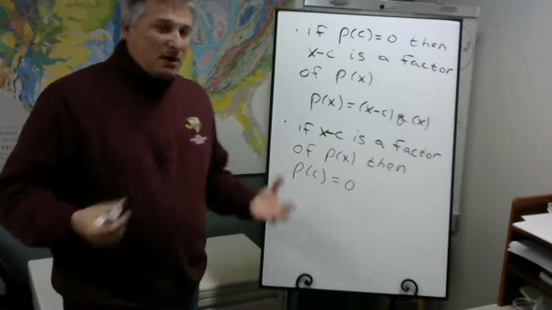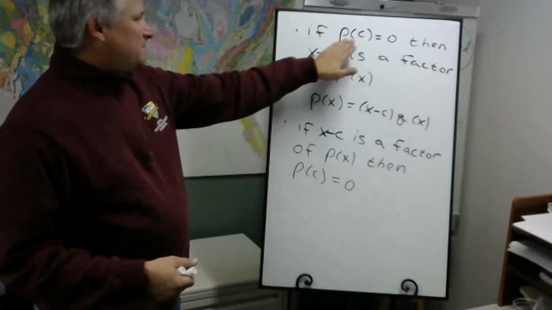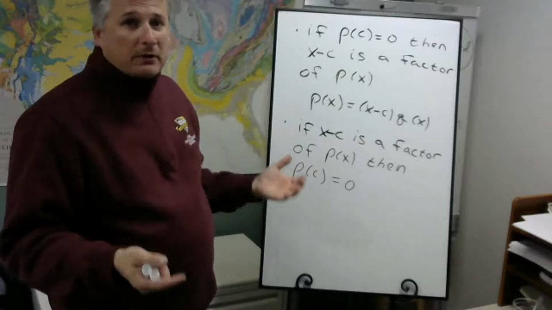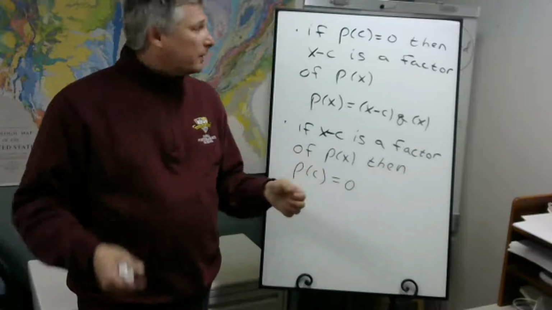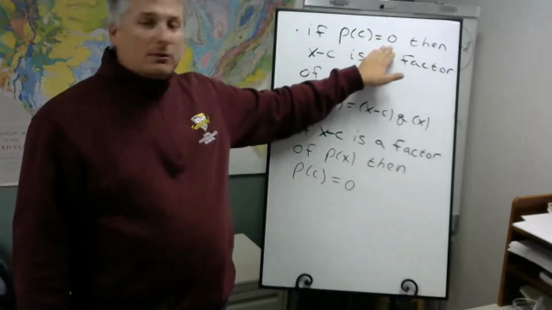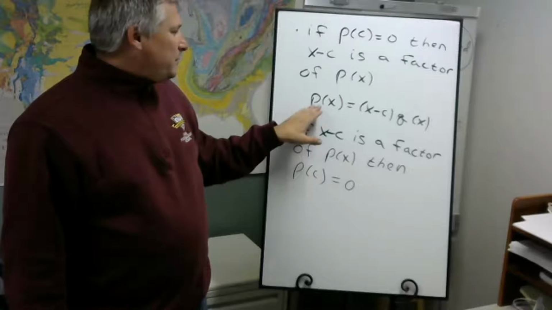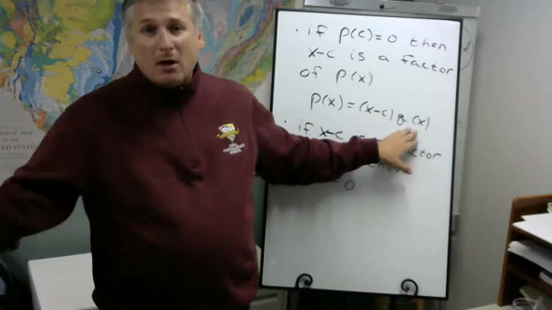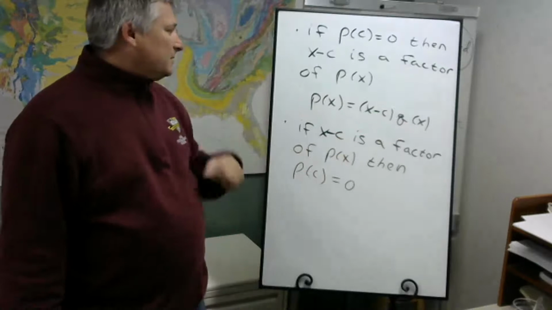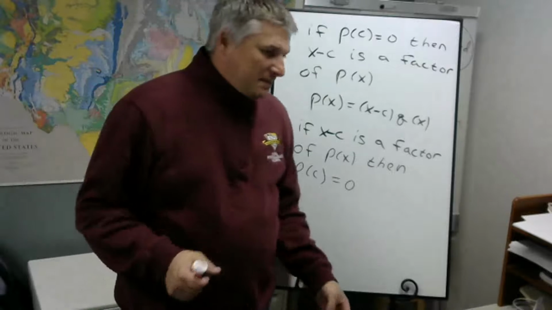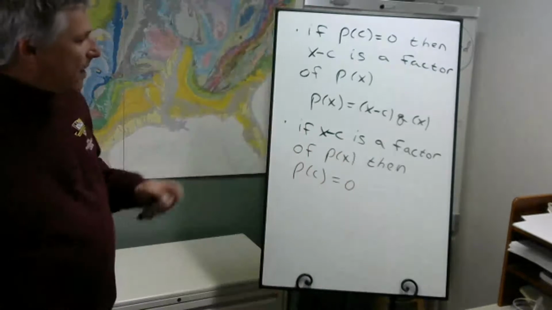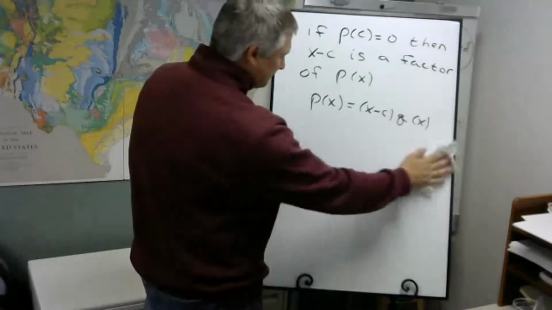So if you have a polynomial and you say, try a number, guess a number, say 4. Let's put 4 into our polynomial, let x be 4. And if it comes out equal to 0, that means we can write this in terms of x minus 4 times, well, some polynomial. That's going to be equal to P of x. And this is going to be useful later. This is where the power of this idea comes from.